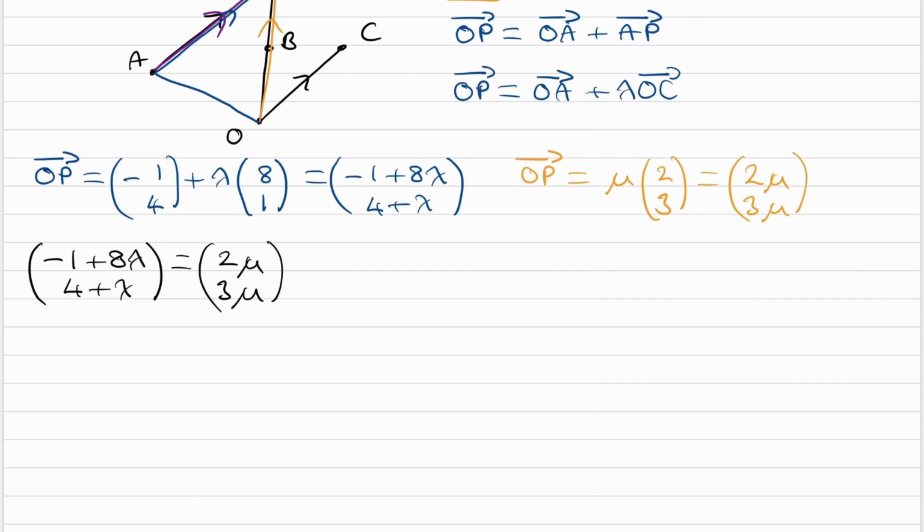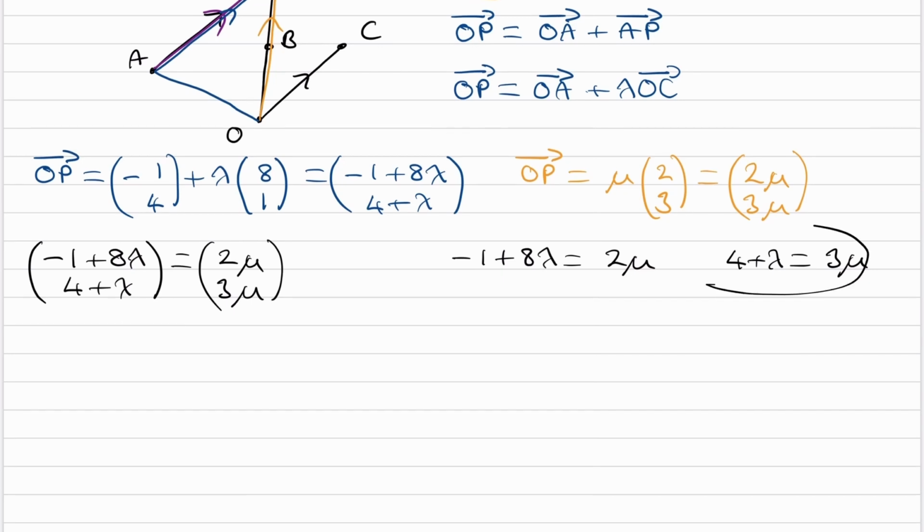So considering the i components, we get minus 1 plus 8 lambda is 2 mu, and considering the j components, we get 4 plus lambda is 3 mu. We want to solve these simultaneously, so I'll rearrange this for lambda. Lambda is 3 mu minus 4, and then I'll sub that in to here.